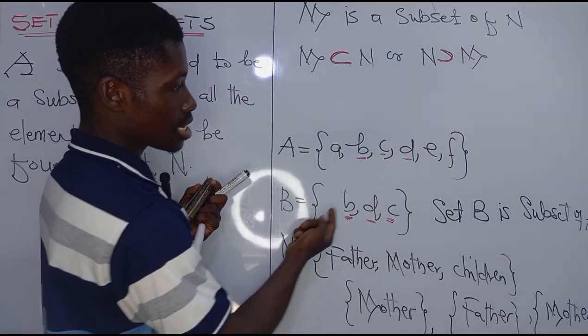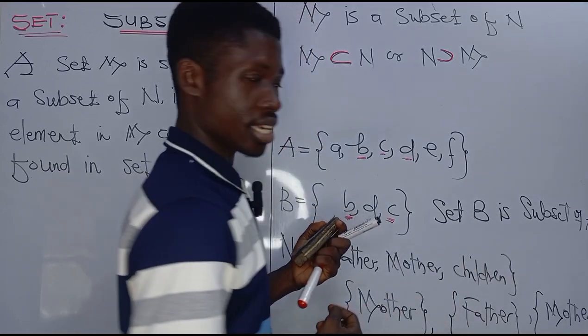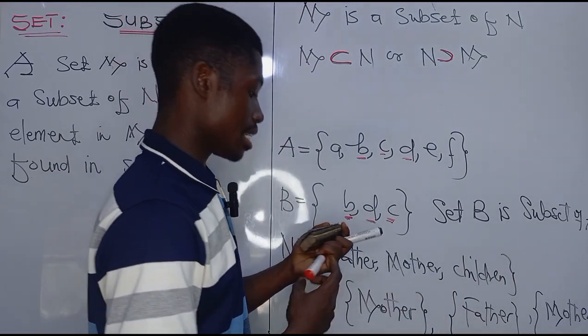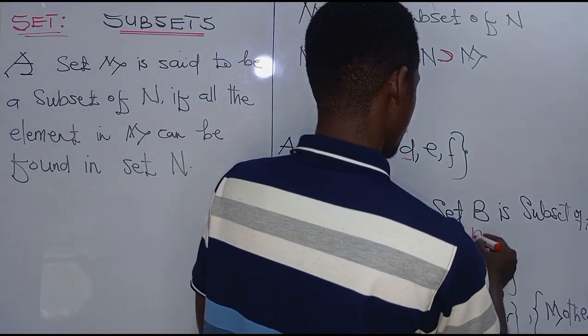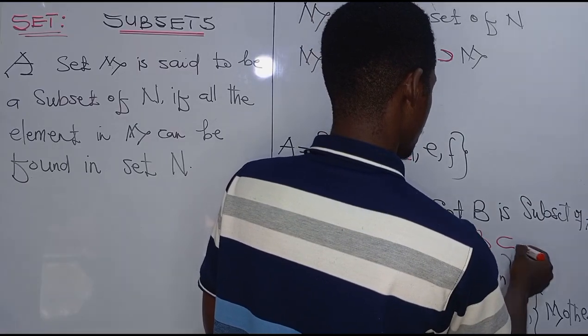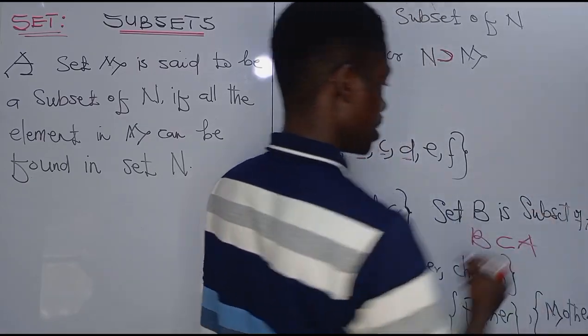We also said that B is a subset of A. We can write it symbolically as B is a subset of A.